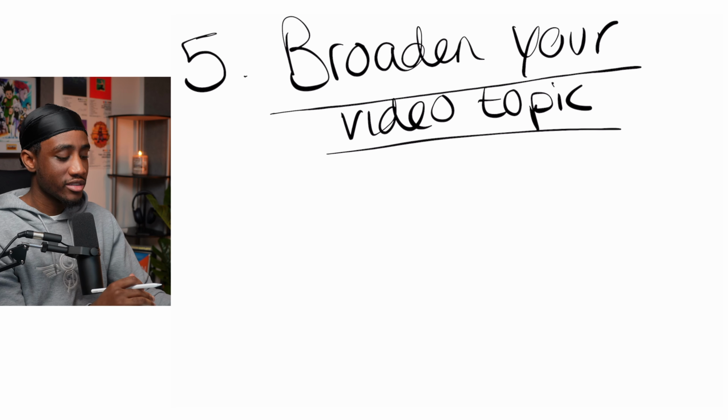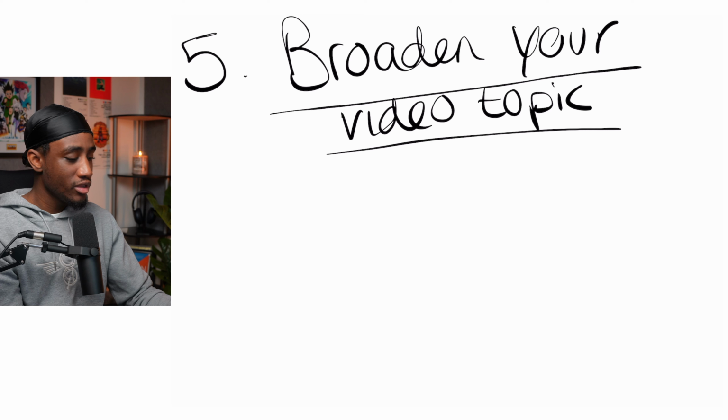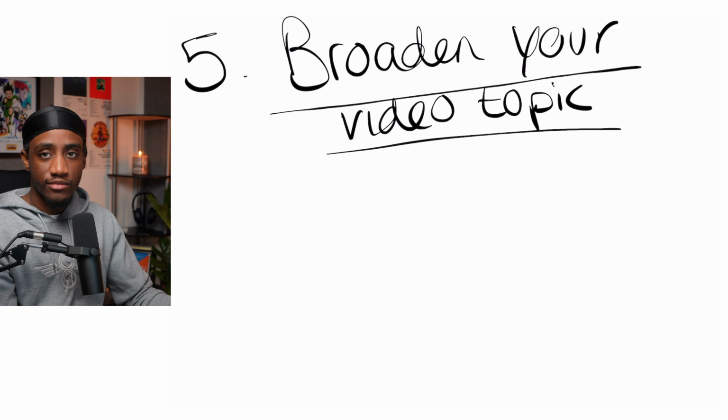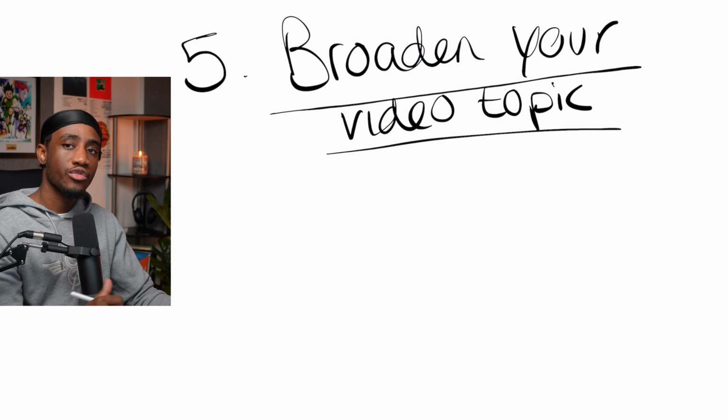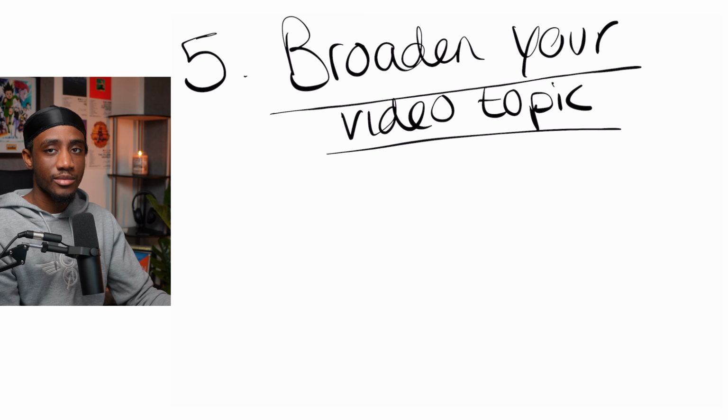Broaden your video topic. One of my favorite ways to do this is, I don't know why I always go back to personal trainers or weight loss people, but let's say you had a video topic and you want to help people lose weight, right? Instead of saying this is how you can lose weight if you are over 40 as your video topic and the whole video concept, you can just say, here's how to lose weight at any age.